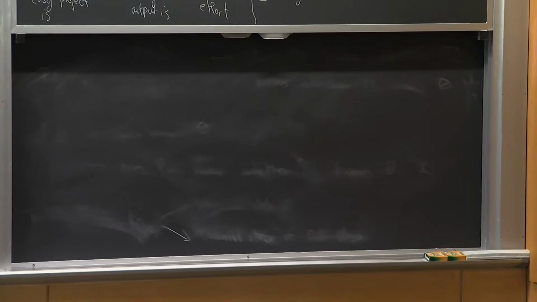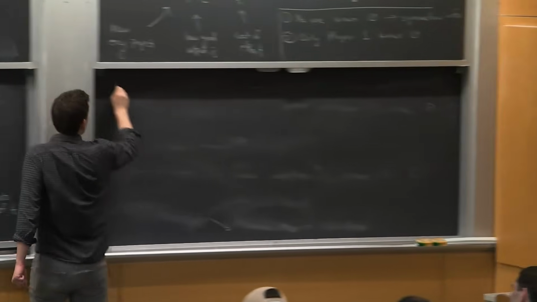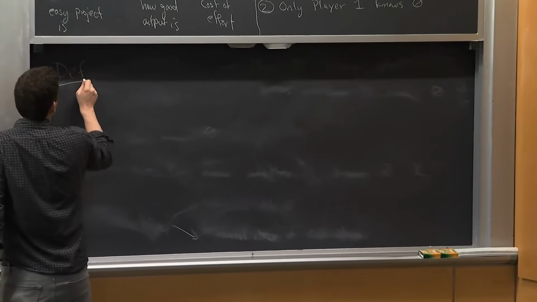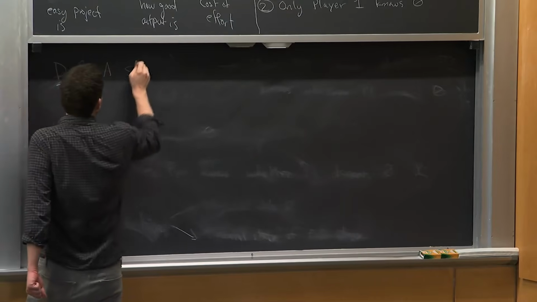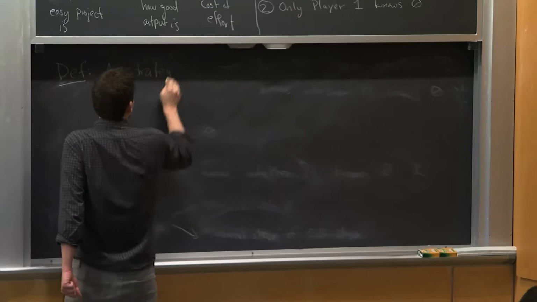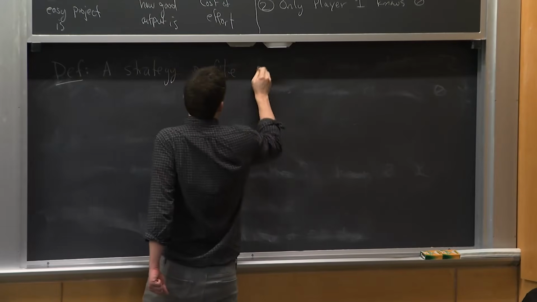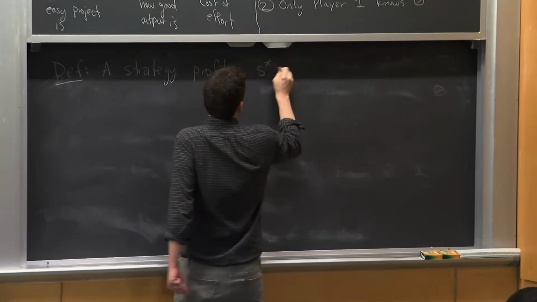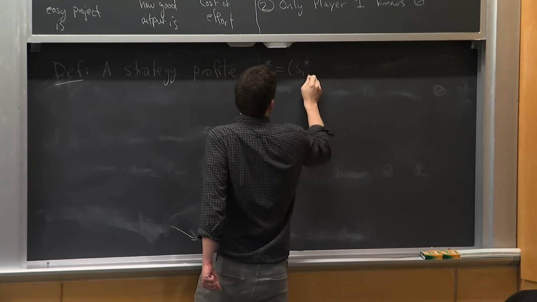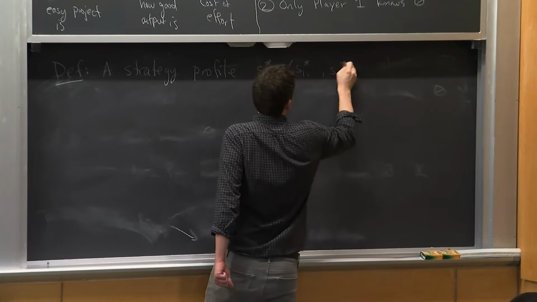So we have our Bayesian game over there. And here's our definition. A strategy profile S star, which equals S1 star to Sn star.